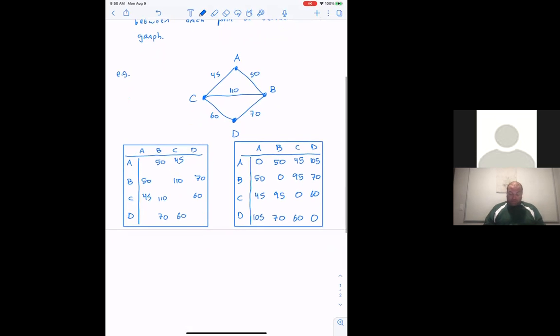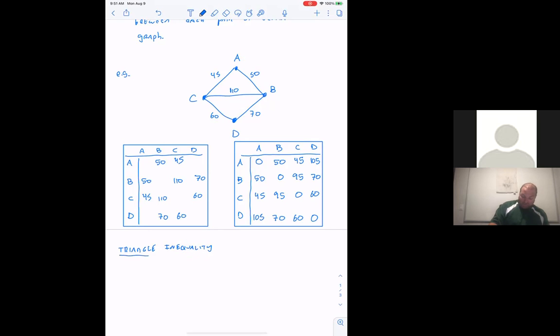Notice, by the way, that the table of least weights satisfies what's called the triangle inequality. The triangle inequality is an extremely important result in mathematics. In fact, it's one of the basic axioms, basic assumptions of a whole branch of mathematics called metric space theory.